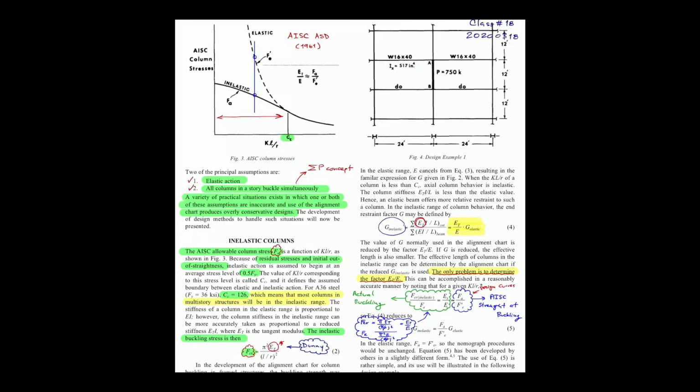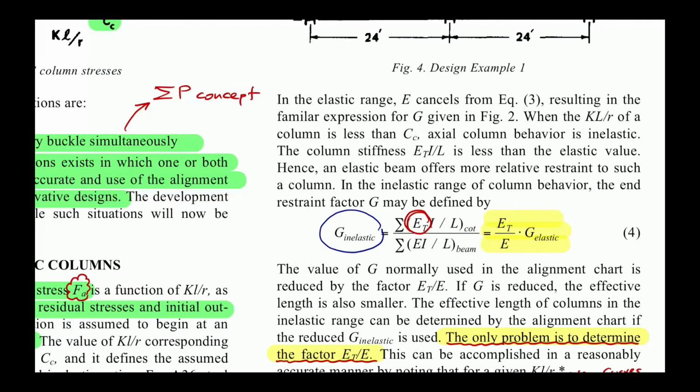Okay, so the G for either the top and the bottom will be determined, and this is the G in elastic. It's going to be given in terms of the elastic G multiplied by the ratio between the E tangent divided by the elastic E.